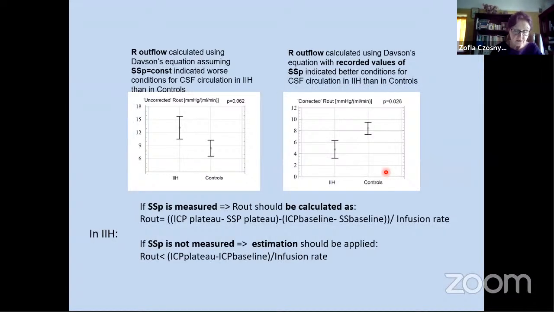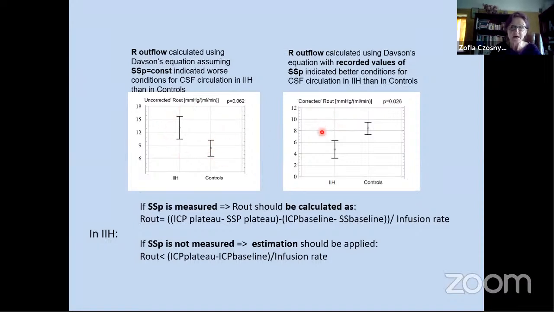We compared Rout in IIH patients with those with normal CSF dynamics. We made 2 attempts. First, Rout for IIH patients was calculated without adjustment for rising sinus pressure, and IIH Rout seems to be higher than normal.